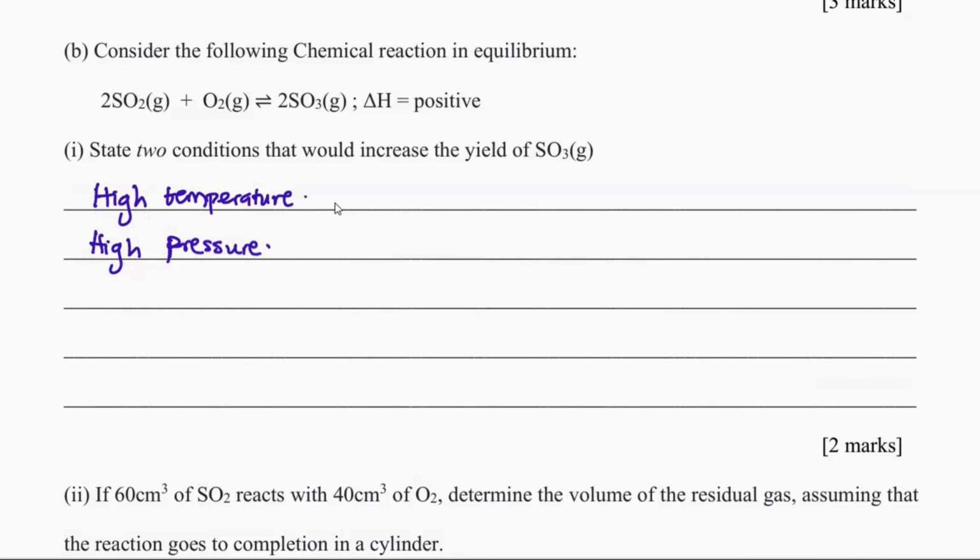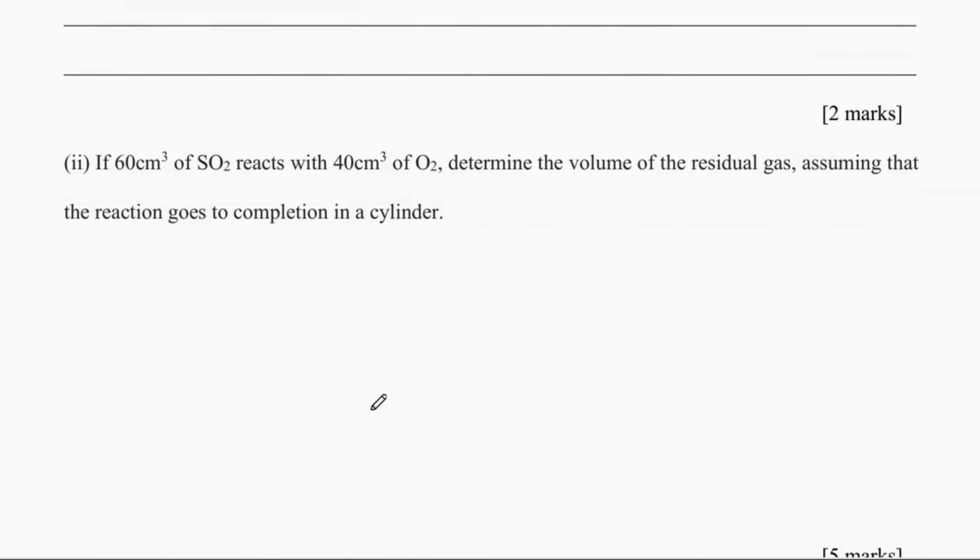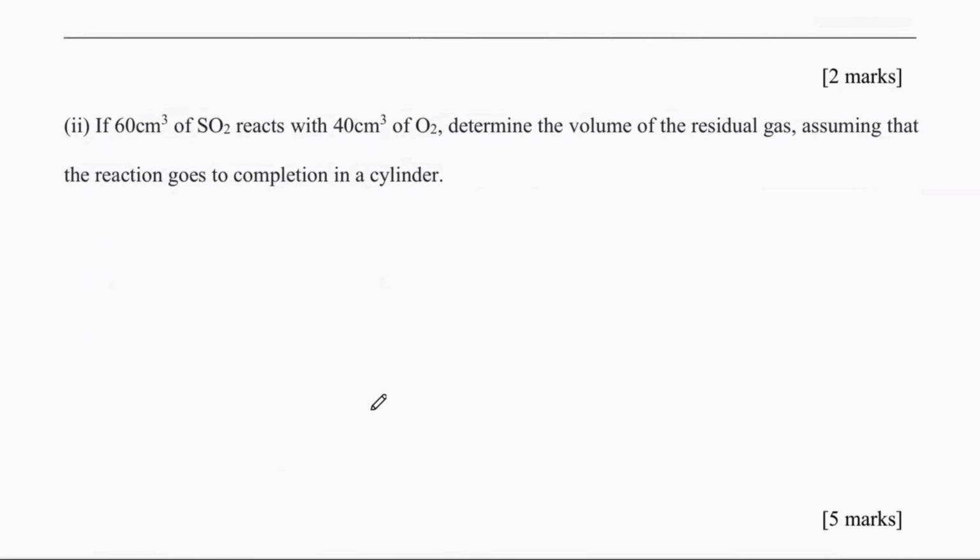Okay, now the next question says, if 60 cm³ of SO2 reacts with 40 cm³ of oxygen, determine the volume of the residual gas, that is the remaining gas, assuming that the reaction goes to completion in a cylinder.